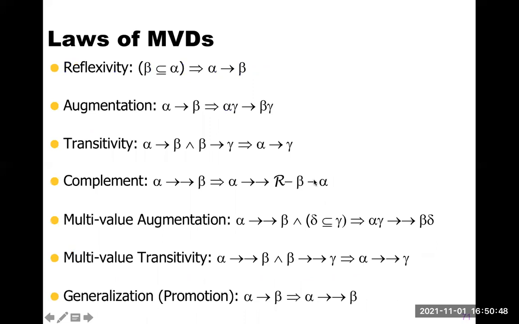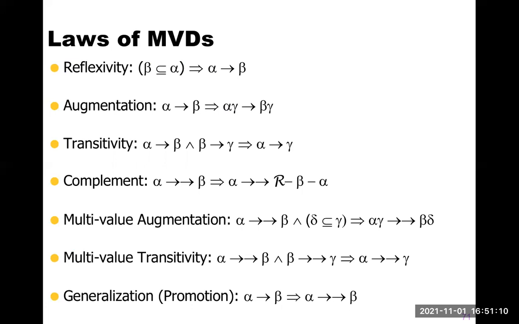And other laws, like reflexivity. If beta is a subset of alpha, so alpha is a set of columns and beta is a subset of those columns, we may say that's a reflexive, trivial functional dependency.